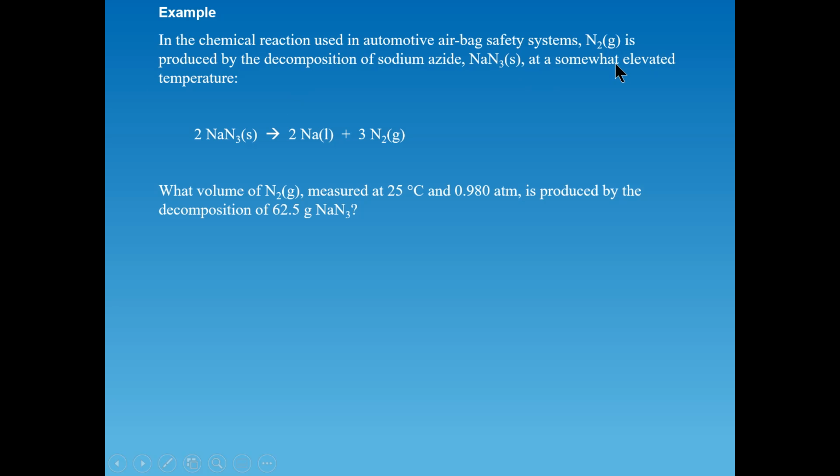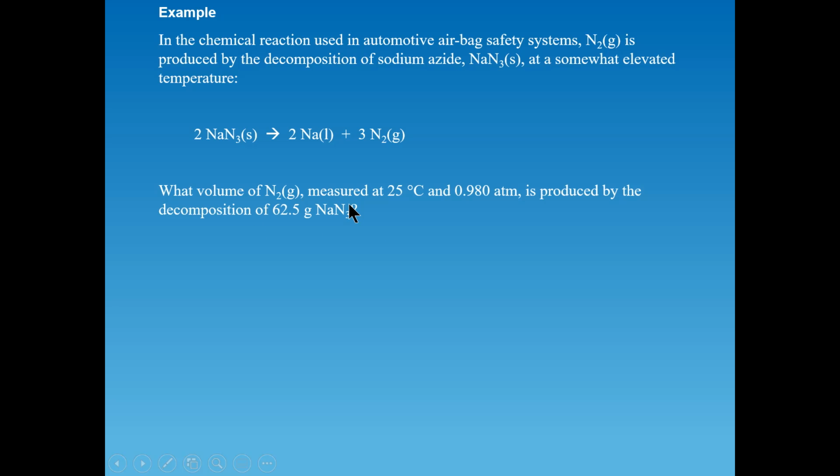I think they're using a different system now, but this is the reaction that they used some time ago, where sodium azide will react upon impact to form sodium, and nitrogen is the gas that fills the airbag. So the question is asking what volume of nitrogen measured at 25 degrees Celsius and 0.980 atmospheres is produced by the decomposition of 62.5 grams of sodium azide.